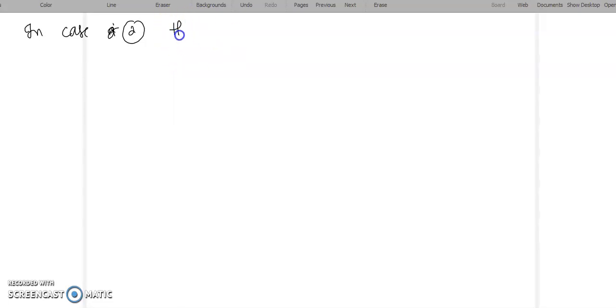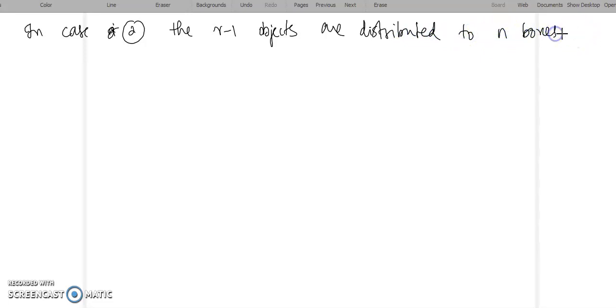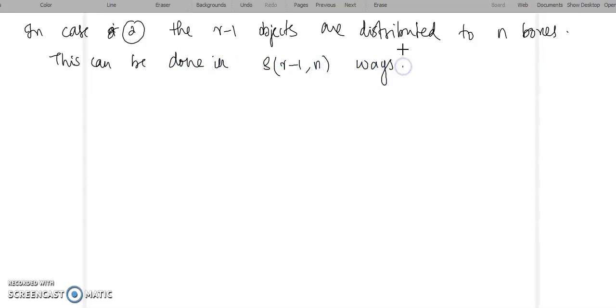So the r minus 1 objects are distributed to n boxes, and this can be done in S(r-1, n) ways. Now we have to place the object A1 into a box.